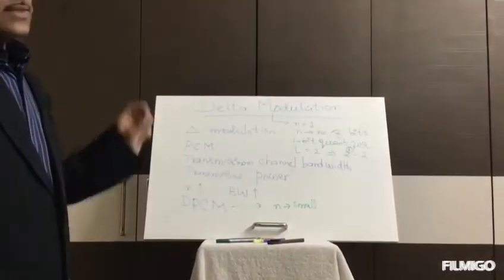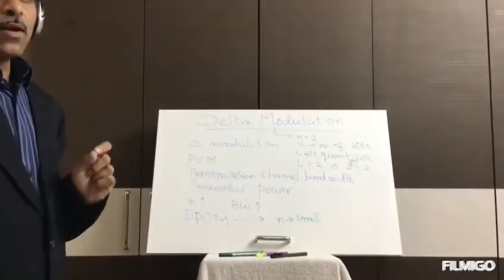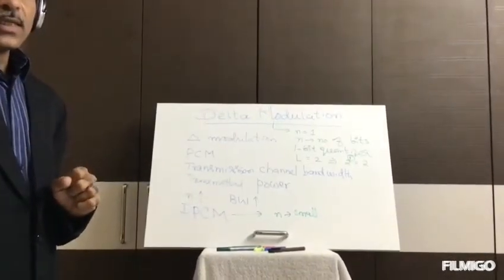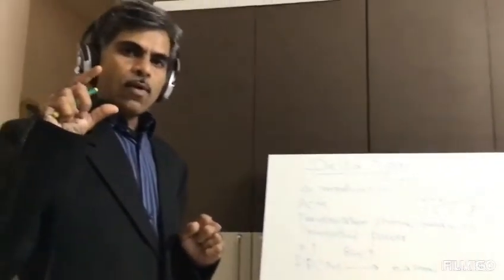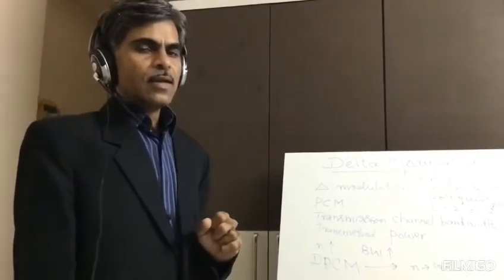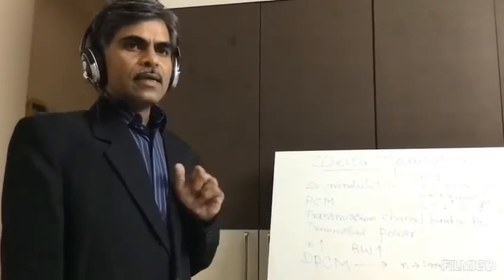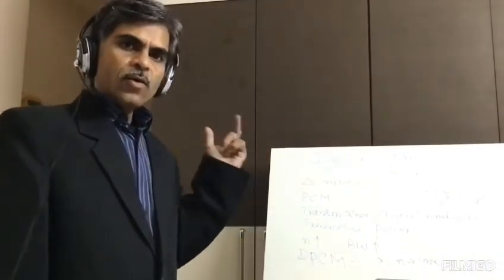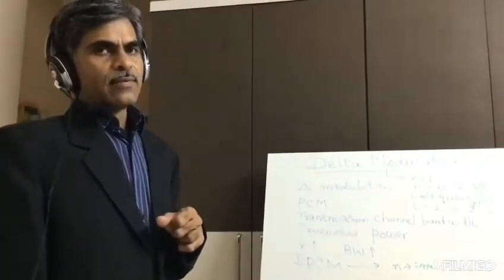Now, let us understand the principle of the implementation of the delta modulation by taking a small block diagram, followed by the staircase approximated signal, which will be the output of the delta modulator, and how it is going to be generated.